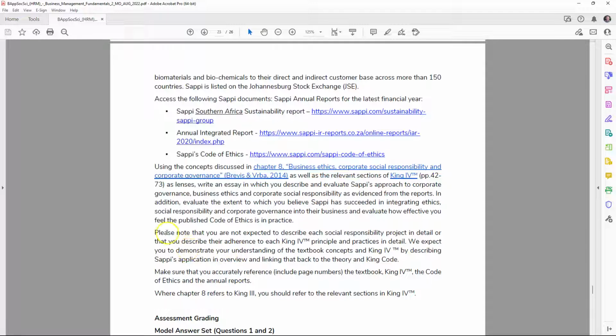And then please do note that you are not expected to describe each social responsibility project in detail, or to describe the adherence to each King IV principle and practice in detail. We do expect you to demonstrate your understanding of the textbook concepts in King IV by describing SAPI's application and overview and linking that back to the theory in the King Code. And then make sure that you accurately reference, include page numbers.